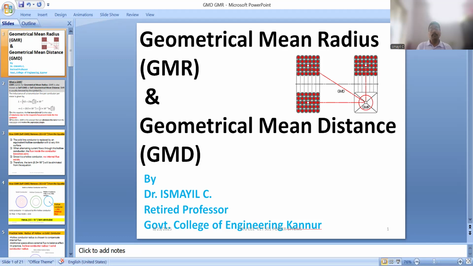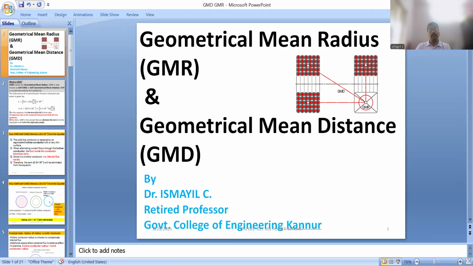We already know that the formula for the inductance is L equal to 0.5 plus 2 logarithm of d by r into 10 raised to minus 7.